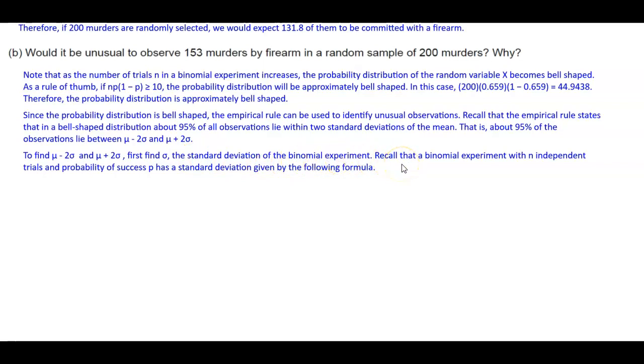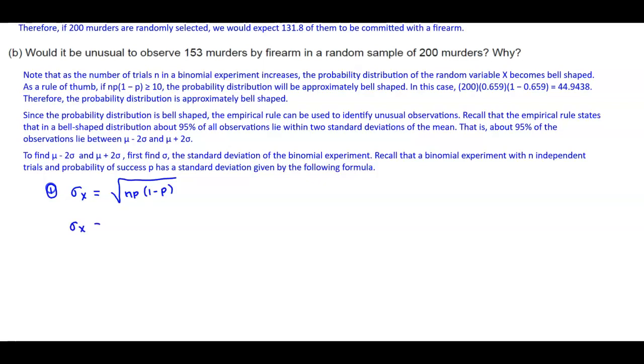Recall that a binomial experiment with n independent trials and probability of success p has a standard deviation given by the following formula. The standard deviation is equal to the square root of np times 1 minus p. Let's find that.